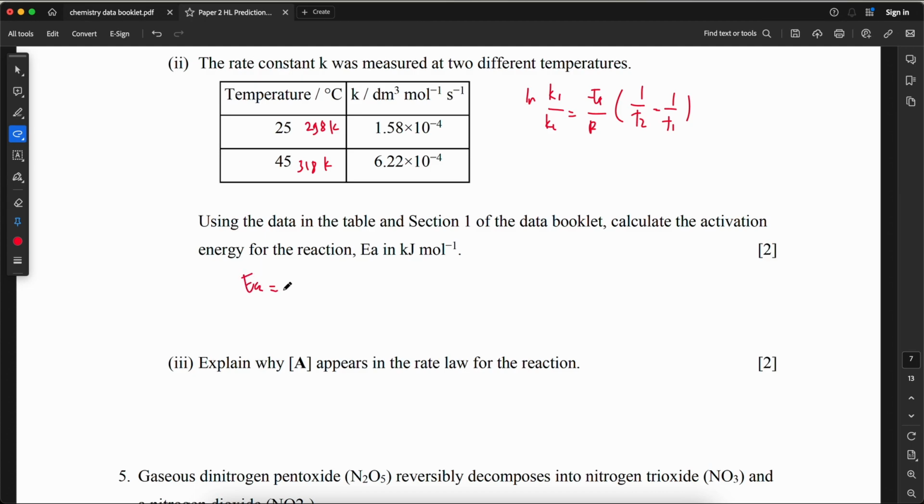So Ea would be R ln k1 over k2 divided by 1 over T2 minus 1 over T1.